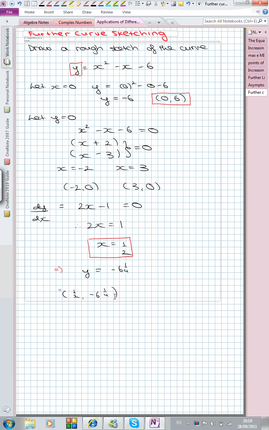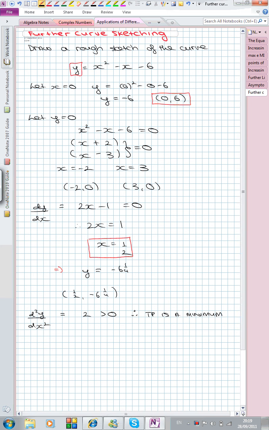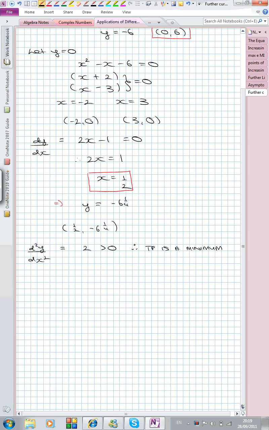Now we don't know if it's a maximum turning point or a minimum turning point, so we carry out our second derivative test. d squared y by dx squared is equal to 2, which is greater than 0, so therefore our turning point is a minimum turning point. So at this point we're ready to sketch our graph.